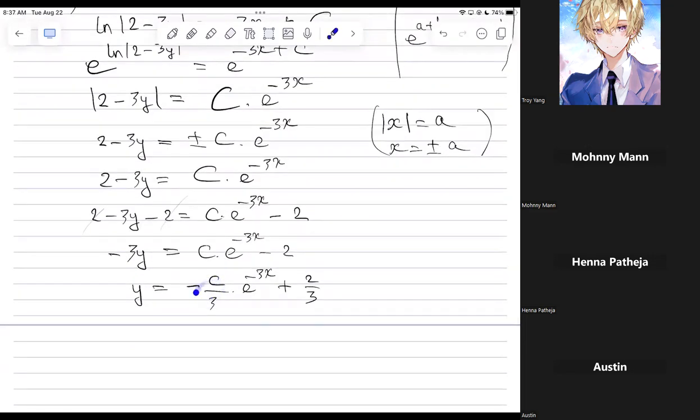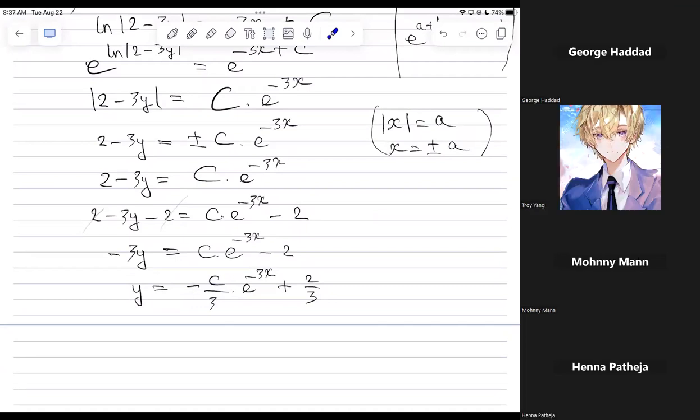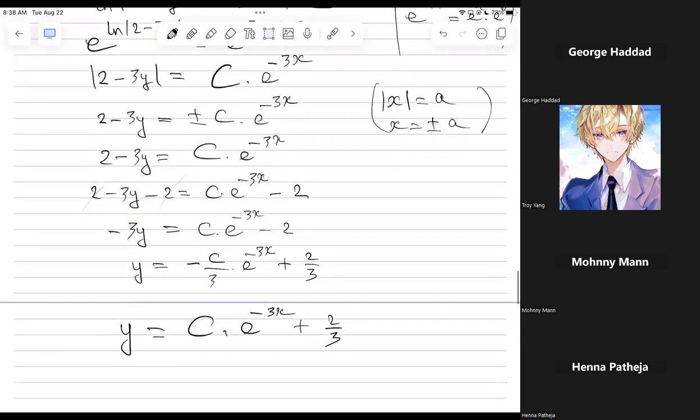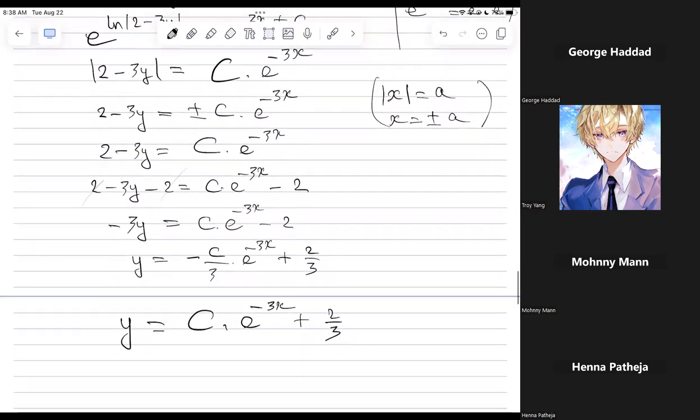And again, negative c over 3 here is a constant, so I can replace that by the other constant. So this is the whole family of solutions.